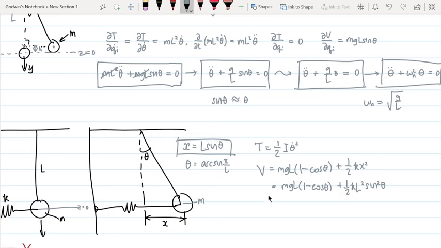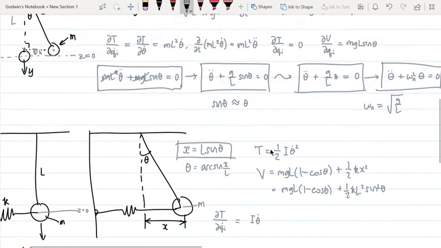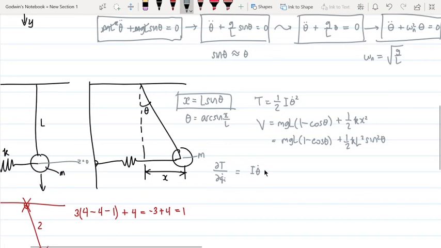All right. So let's derive T with respect to qi dot, which is our theta dot. This is just I theta dot, right? Oh nga pala, I forgot to turn this into, that's why I was confused. This I is the moment of inertia of the bob, which is just ml squared theta dot.